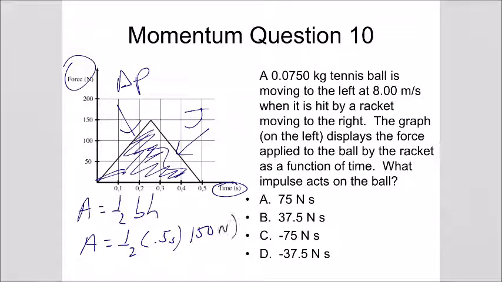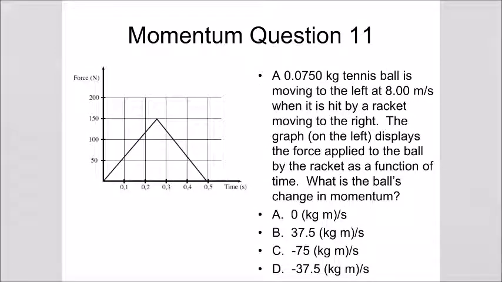So if we go 150 times 0.5 times 1/2, we end up with an impulse here of 37.5 newtons times seconds. And notice that's a positive number, because even though the ball is moving to the left, the force is pushing it toward the right. We get a positive force, a positive impulse in this case, and a positive change in momentum.